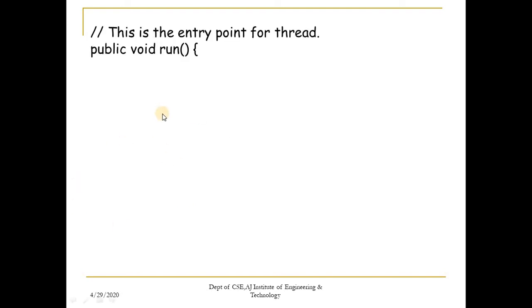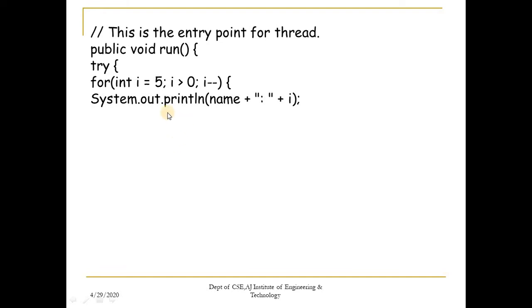Over here, inside the run method, we are displaying the name of the thread, colon, and the value of i, using this for loop, from 5 to 1 with a delay of 1000 milliseconds.